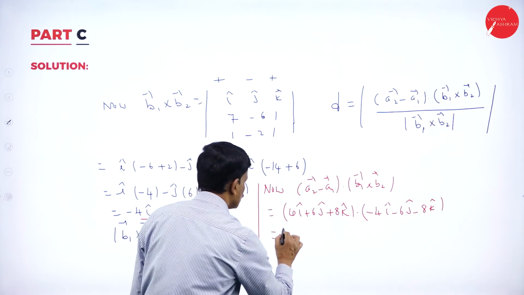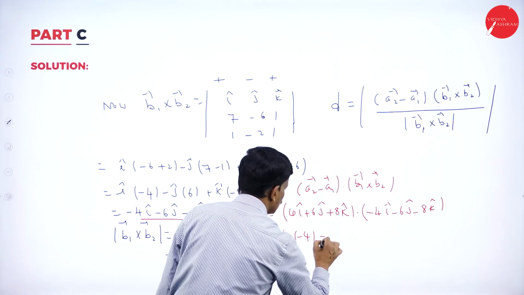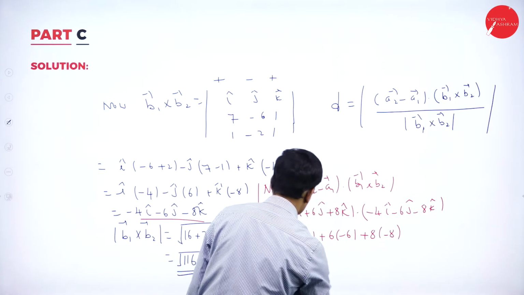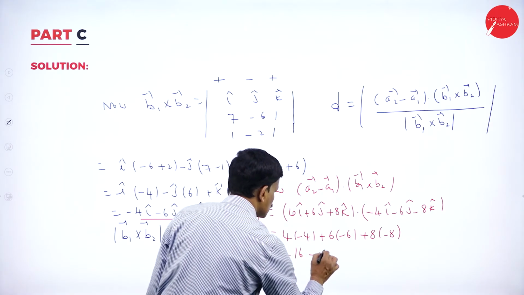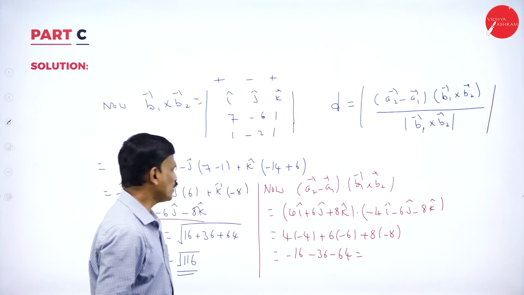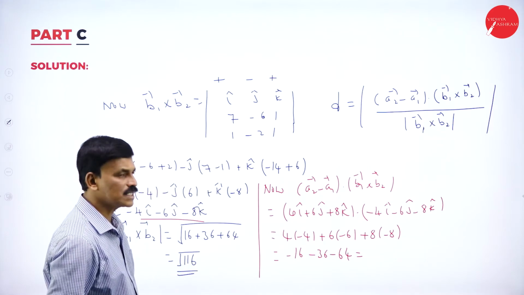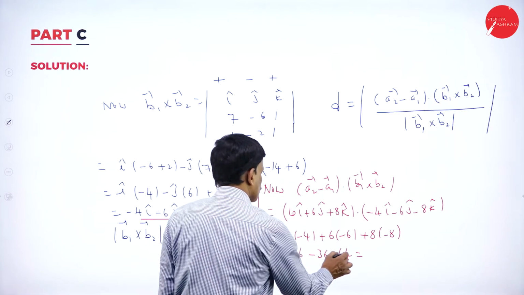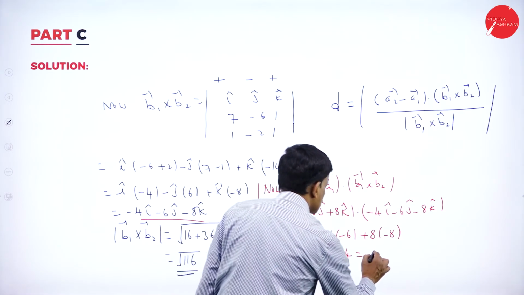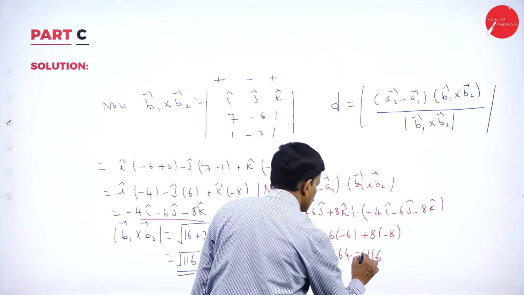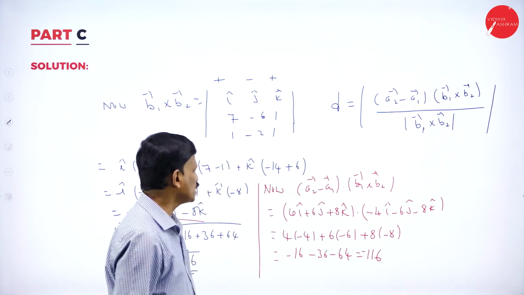Simplify this. That is 4 into minus 4 plus 6 into minus 6 plus 8 into minus 8. 4 4s are 16, 6 6s are 36, 8 8s are 64. If you add 64, minus 36, minus 16, that is 116. So this is 116 along with the negative sign, minus 116.